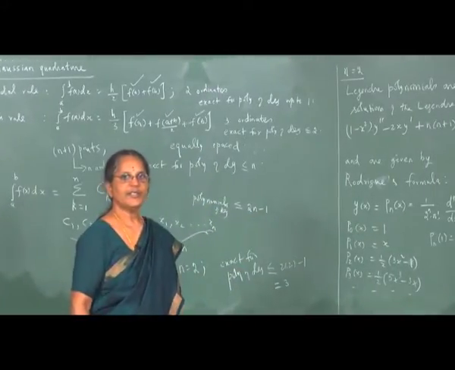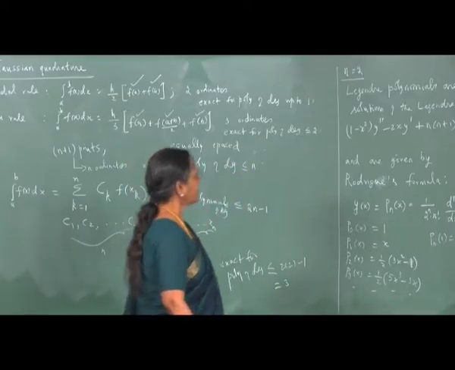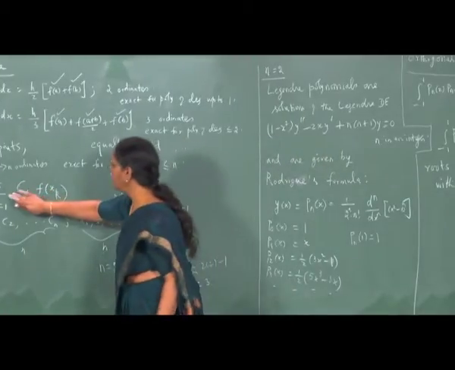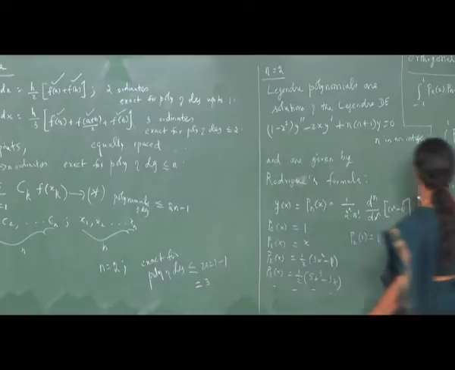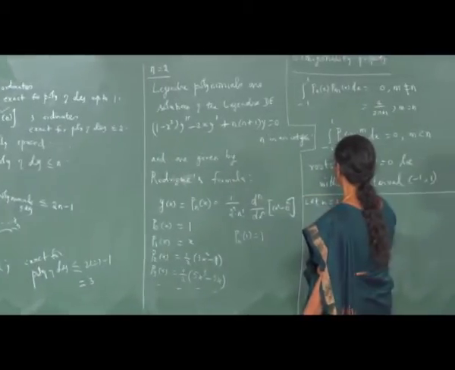So, let us now work out the details of Gauss quadrature method, say when n is equal to 2 in this formula. So, let n be equal to 2 in star.